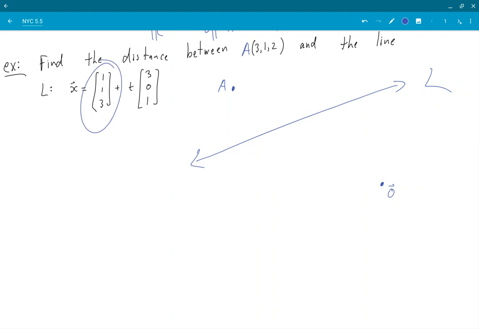Now, 1, 1, 3 is a point that is on the line. Let's put it here. And then let's say 3, 0, 1 is a direction vector for L. Let's say it goes like this.